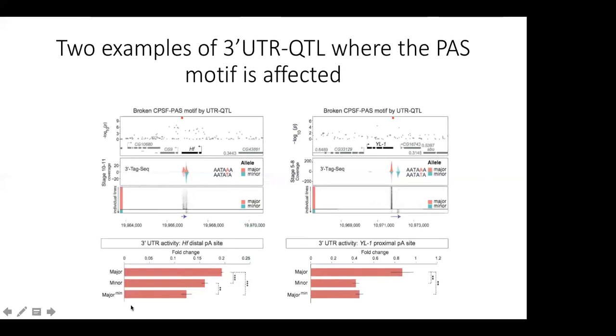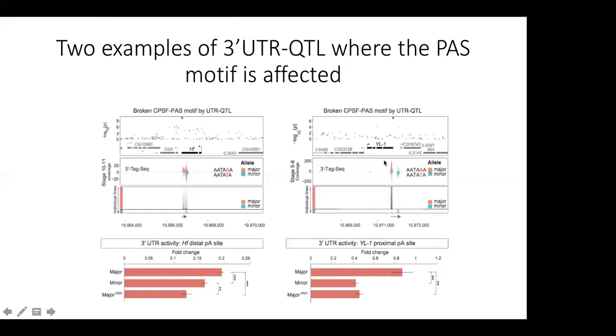And we tested this as previously described in luciferase assay, this time changing the major allele into the minor allele, and what we see is that there is a decrease in the activity, in the stability or in the production of the luciferase in vitro in S2 cells.